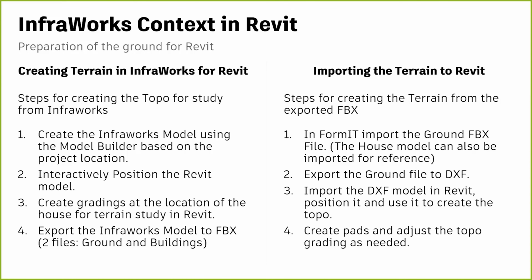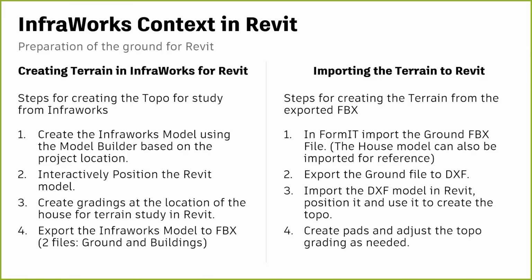We interactively positioned the Revit model in InfraWorks. We created the grading, a study grading basically, at the location of the house to take it into Revit for further study. And we exported the InfraWorks model to FBX. We exported it as two files, one for the ground and one for the buildings.